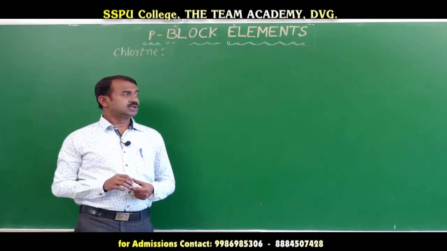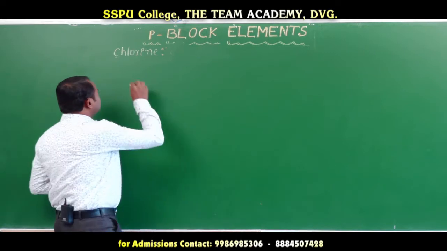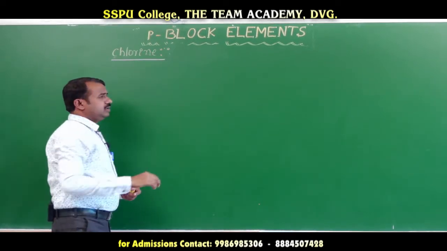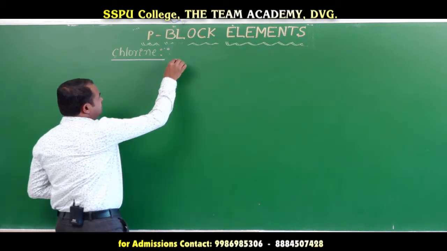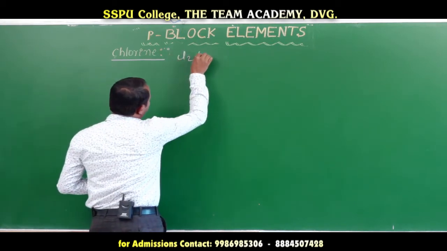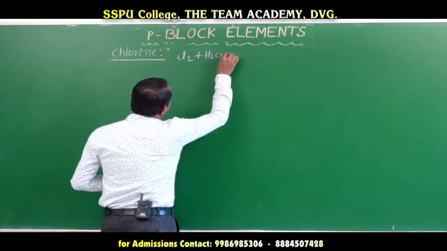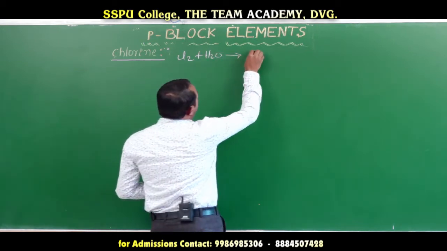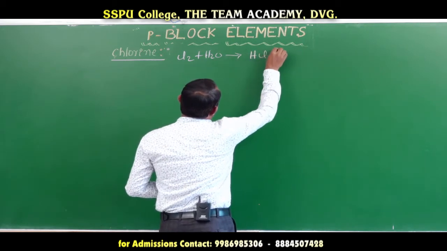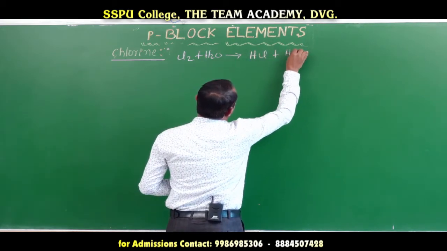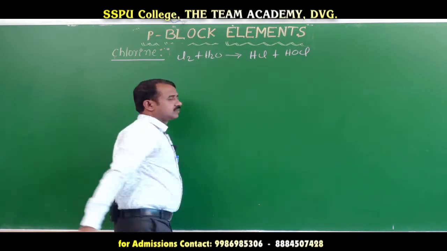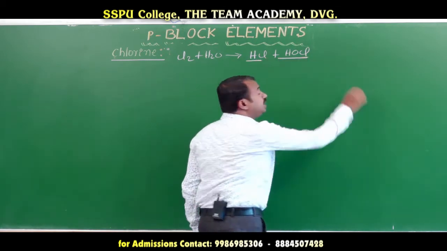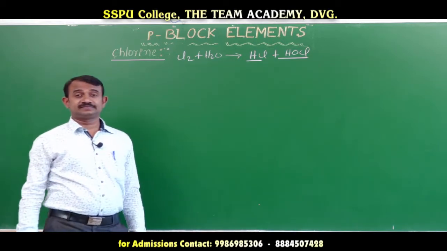Next we will go to another chemical property of chlorine. When chlorine reacts with water, it forms HCl and HOCl, hydrochloric acid and hypochlorous acid.